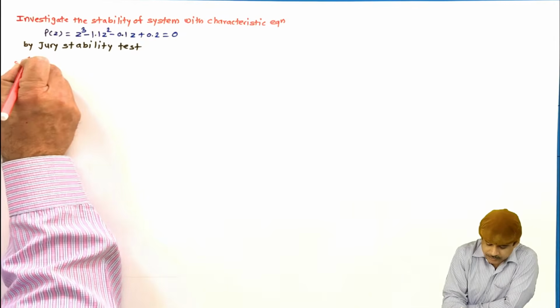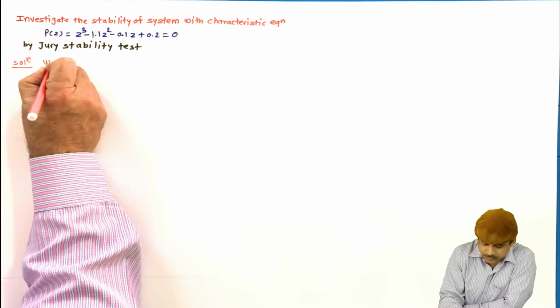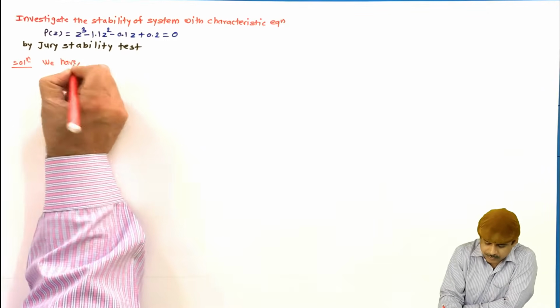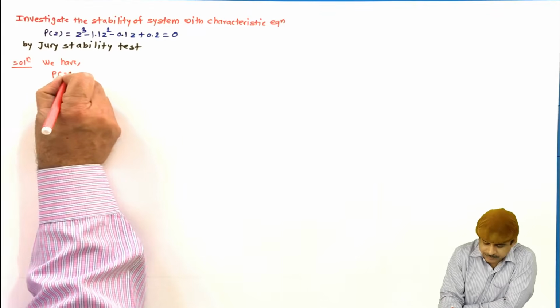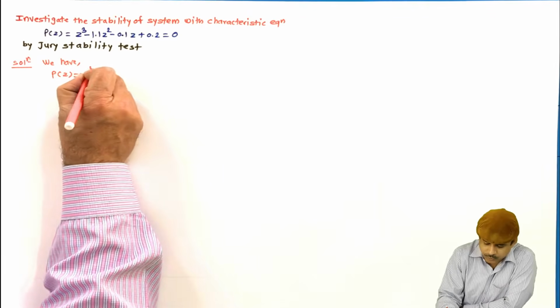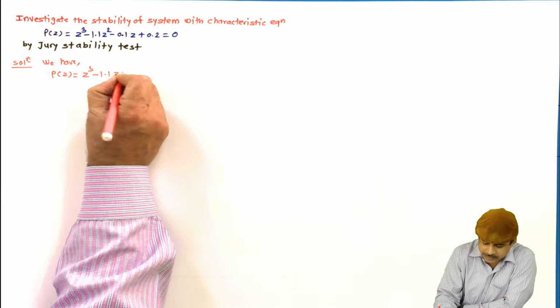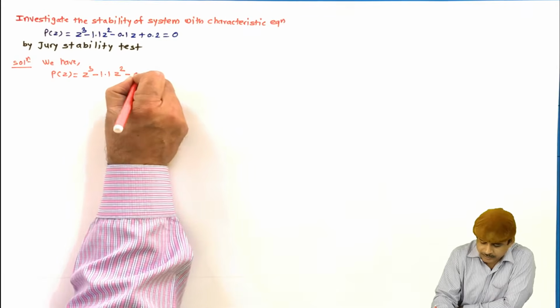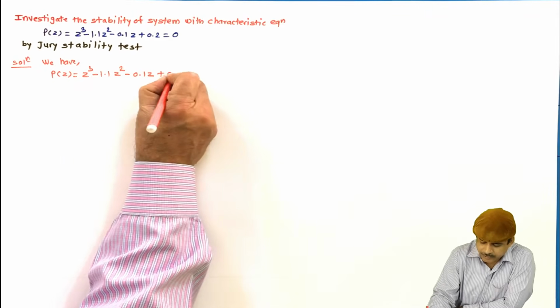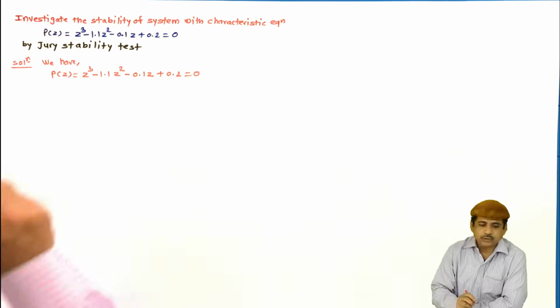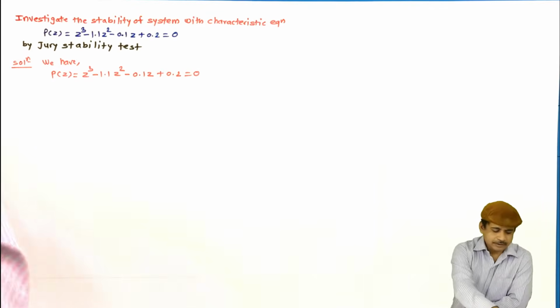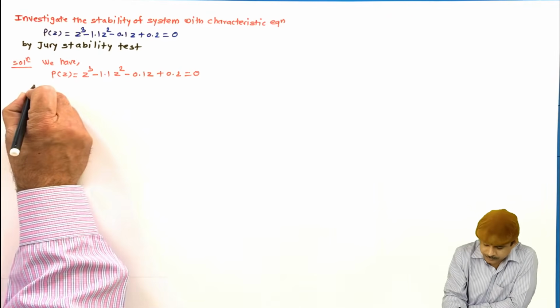So let us start. We have P(Z) = Z^3 - 1.1Z^2 - 0.1Z + 0.2 = 0. Let us start with the necessary conditions.